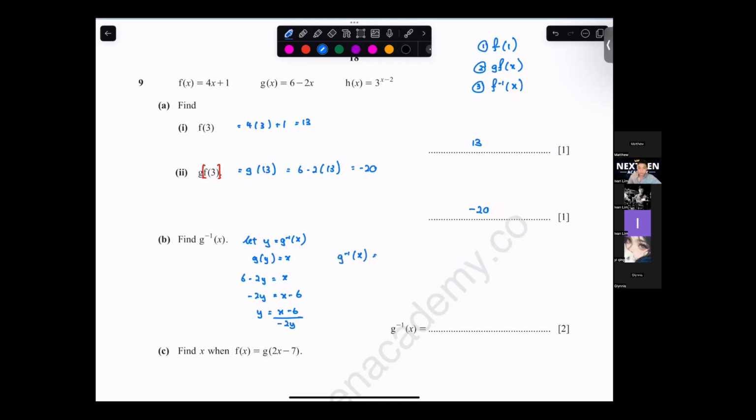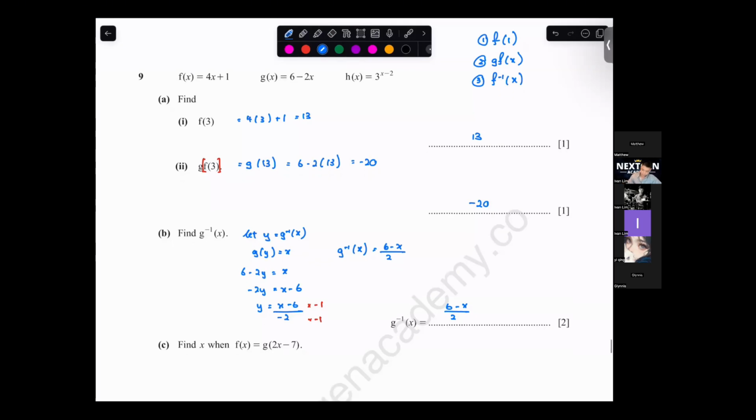Instead of writing the negative 2 at the bottom, I will multiply everything by negative 1. So here you get g inverse x equals 6 minus x over 2. Okay, teacher blur already.